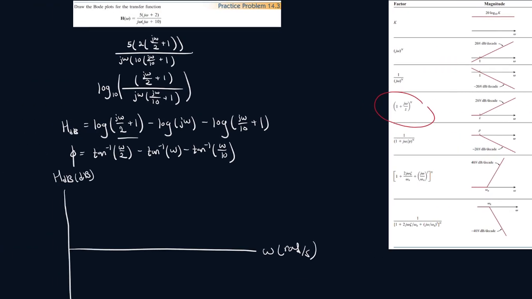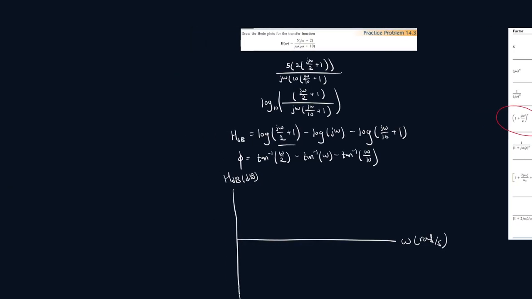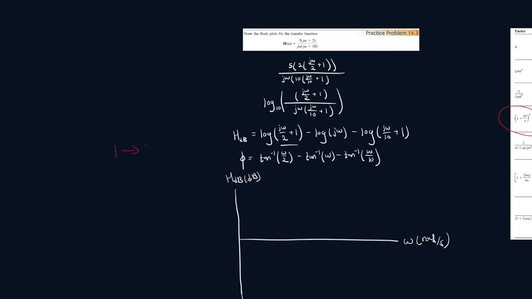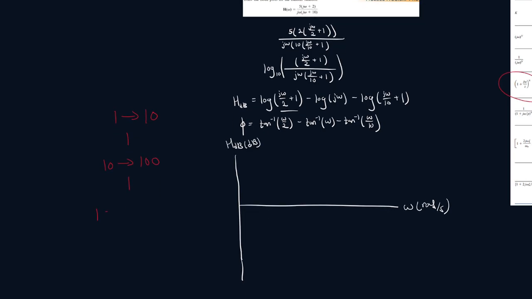Decade pretty much means increased by a factor of 10. So if we have 1 and it goes 1 to 10, that's 1 decade because it increased by a factor of 10. If we have 10 to 100, that's 1 decade. If we go 1 to 100, that's 2 decades because it increased by 2 factors of 10.